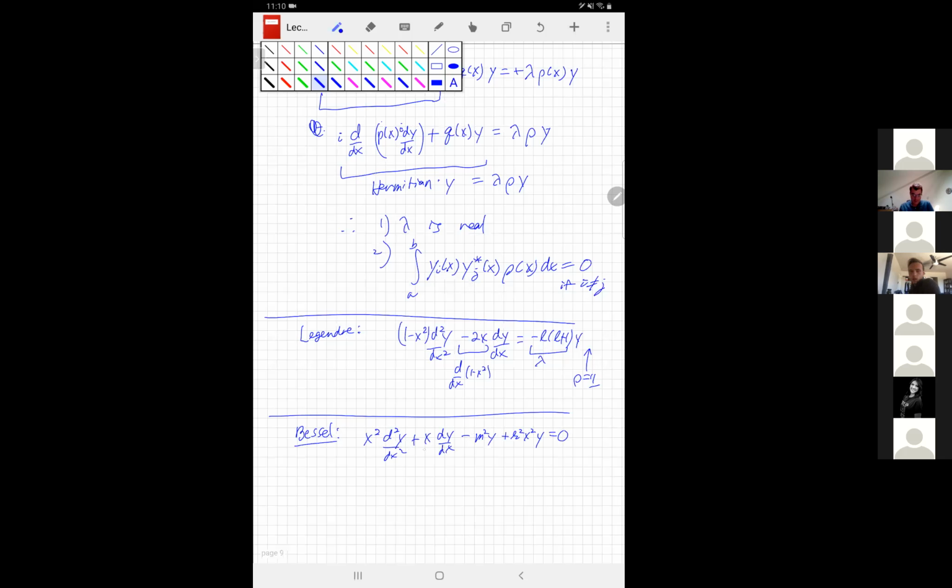You might be saying, well, wait, that x multiplying the first derivative, isn't x the derivative of x squared? Not quite. 2x is the derivative of x squared. But I can manipulate it into that form if I simply divide both sides by x and move this to the other side.